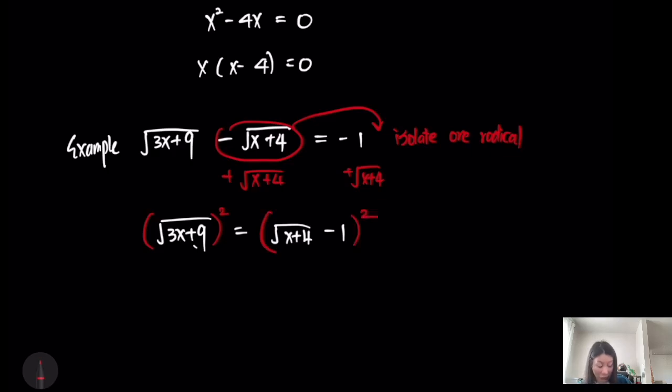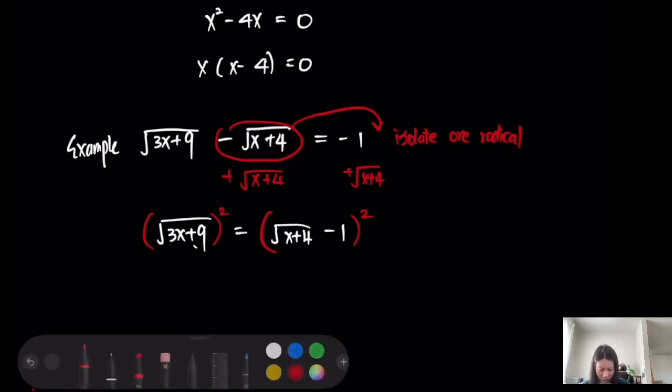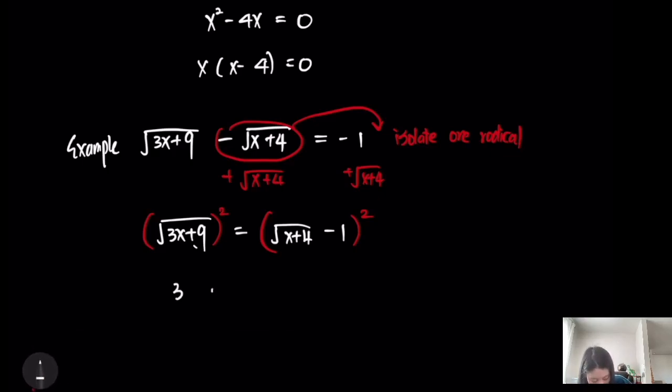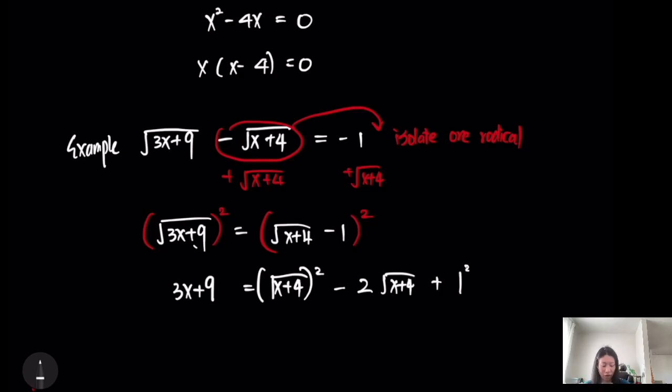You see that I always put the parentheses to remind myself I'm not just squaring one term of the equation, I'm squaring both sides, everything on each side. That gives me 3x plus 9 equals square root of x plus 4 squared, and then minus 2 times square root of x plus 4, plus 1 squared.